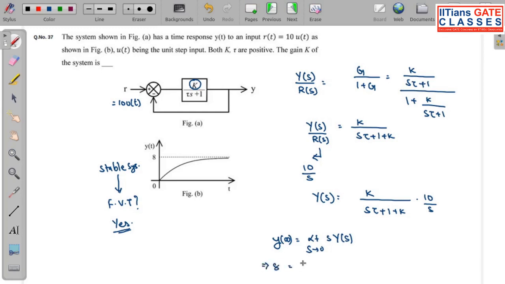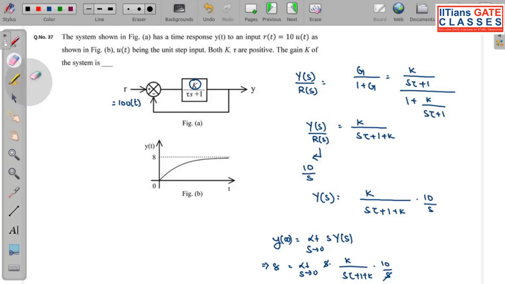So 8 equals limit s tends to 0 of s into K divided by (s tau plus 1 plus K) into 10 by s. This s gets cancelled. If I put the value of the limit, 8 equals K divided by 1 plus K into 10.